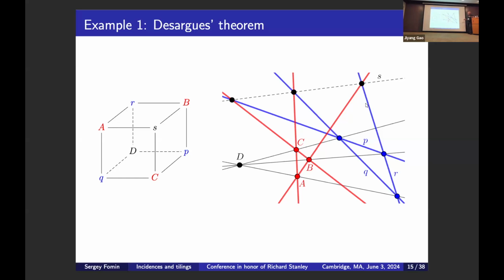P and Q intersect here, and C and D are these 2 points, and the line CD passes through that point of intersection. See? So these 6 faces of the cube will correspond to certain 6 conditions here. If 5 of those conditions are satisfied, then the 6th one is, and you can easily convince yourself that that's exactly what this arc is.